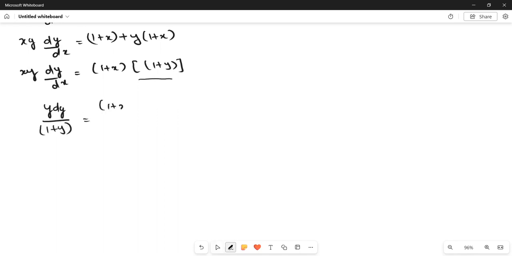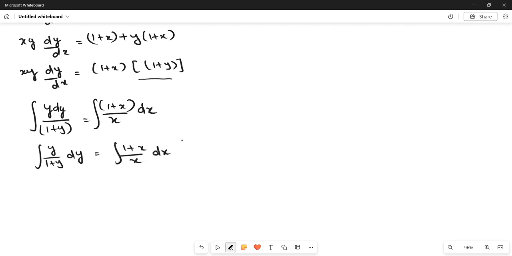Similarly, 1 plus x divided by x into dx. So the term containing y is on one side and the term containing x is on the other. Now we have to integrate these two sides. We can write the integral of y over 1 plus y dy equals the integral of 1 plus x divided by x into dx.